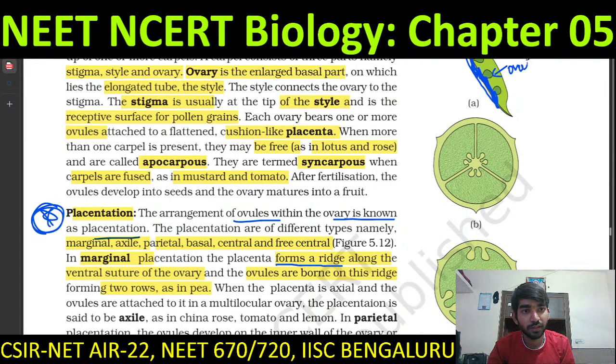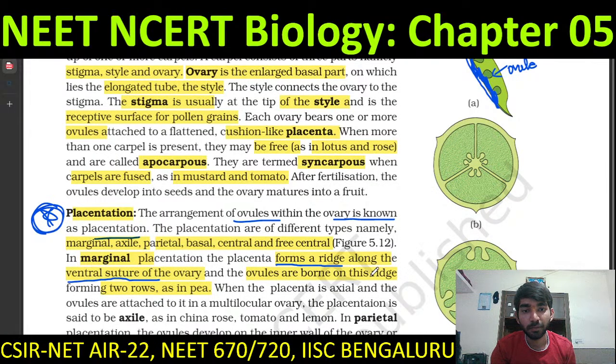This blue color that I'm drawing here is the placenta which is going to support each ovule. These are the ovules which are supported by the food that is coming through the placenta along the ventral suture of the ovary. It's difficult to explain the ventral side in plants, but you can just remember it.